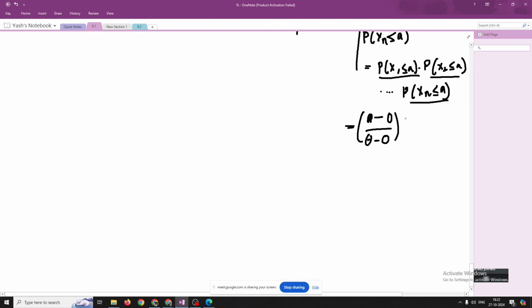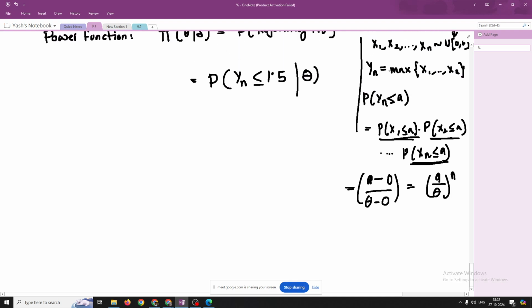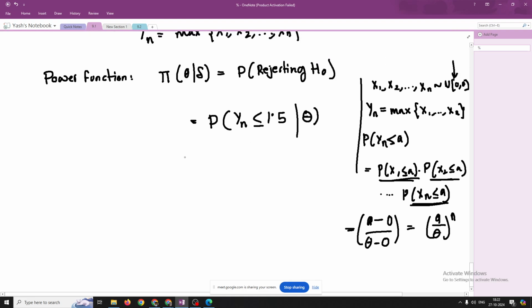For each of these we have a by theta, a by theta, a by theta, so ultimately it turns out to be a by theta to the power n, because we have n terms here. So this is the general case. So what happens here, we just have 1.5 by theta to the power n.